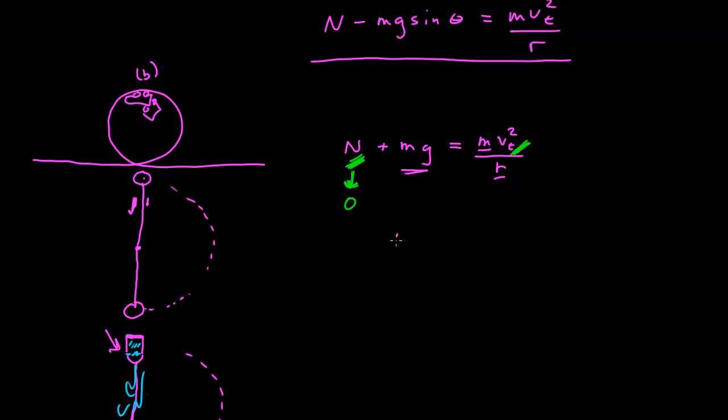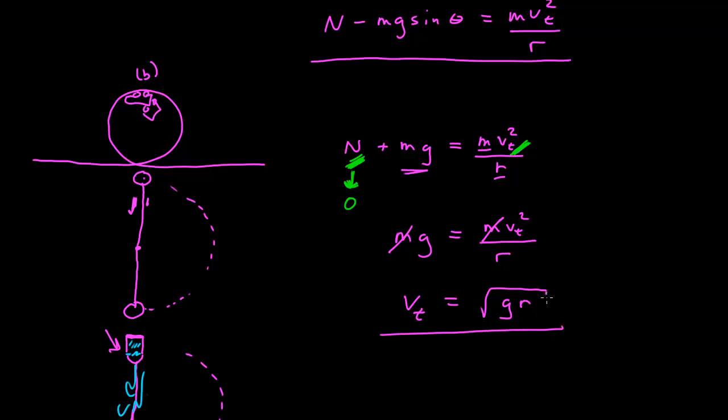Well, in that limit, we simply have mg is equal to m tangential velocity squared over r. Masses cancel, and the tangential velocity is equal to the square root of the acceleration due to gravity times the radius of the circular motion. And this is now the minimum velocity that these objects make it around in a circle without the catastrophic occurring.